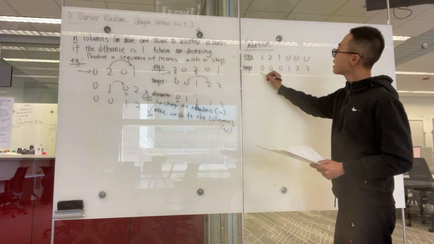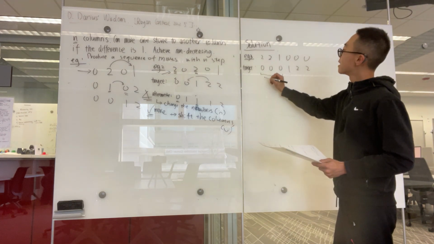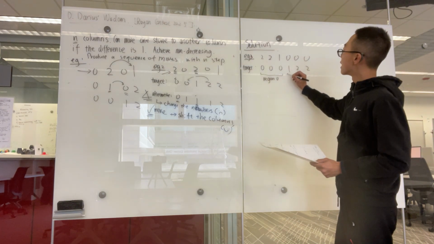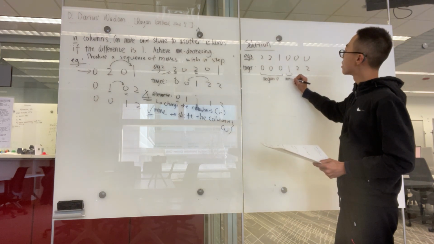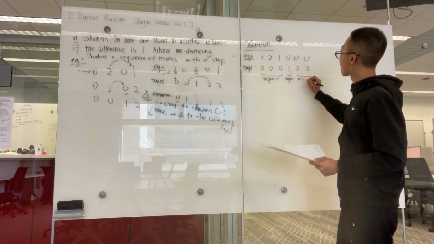Now, a good thing is we see there are 3 regions, and we can say this is region 0, and this is region 1, and this is region 2.